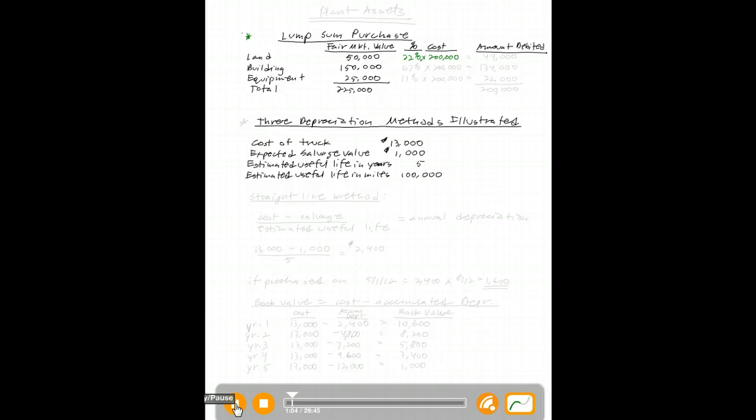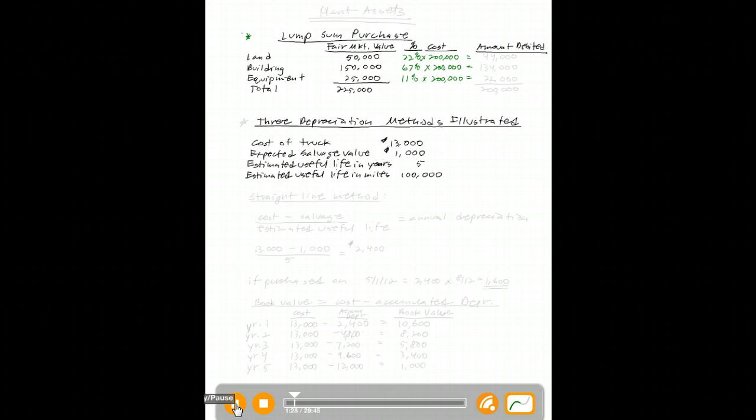And $150,000 divided by $225,000 is 67%. And $25,000 divided by $225,000 is 11%. And we're going to multiply each one of these percentages by $200,000 to calculate the proper amount to be debited.